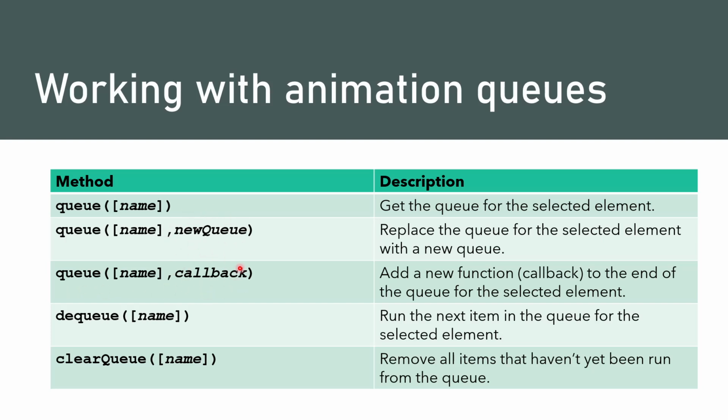And you can also add a callback function to the end of a queue. And then dequeue will run the next item in the queue, and clearQueue will remove all items that haven't yet been run from the queue.